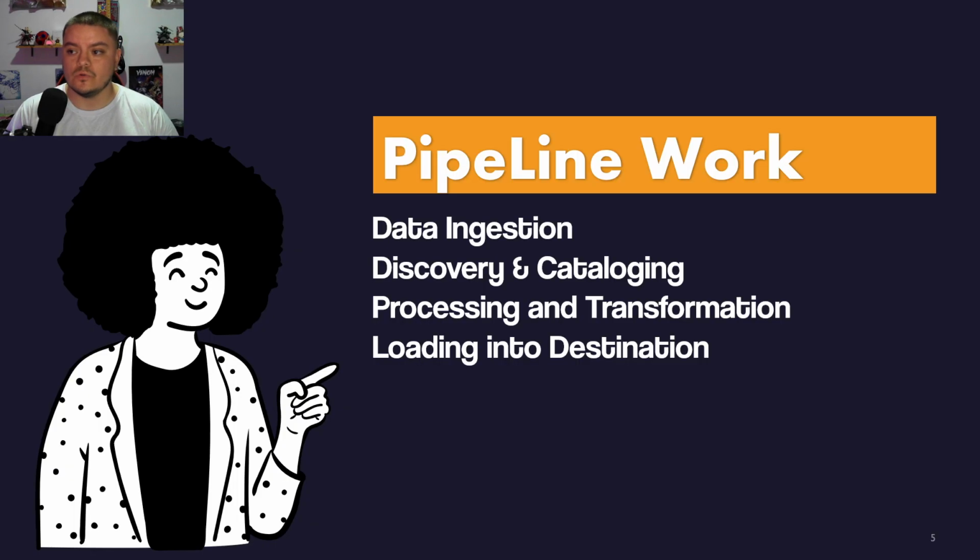Third, processing and transformation. We create an AWS Glue job to process data using PySpark or Python. This step includes cleaning, aggregations, normalization, and other transformations. And finally, we have loading into the destination.